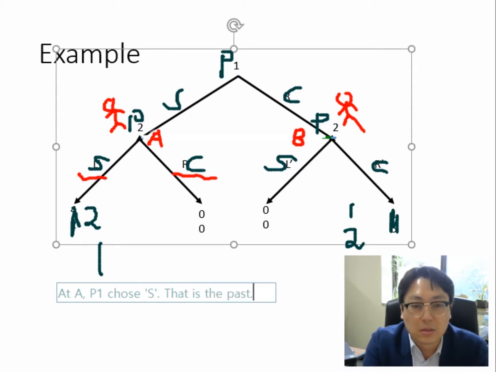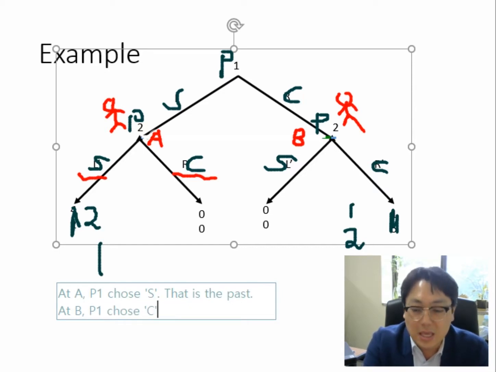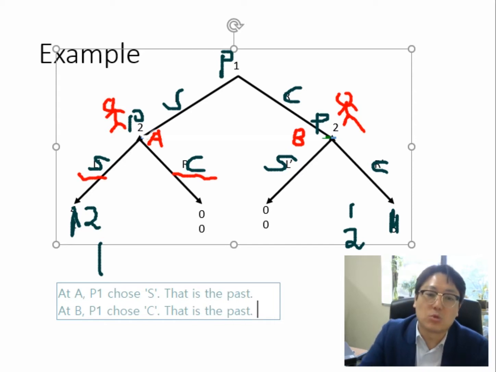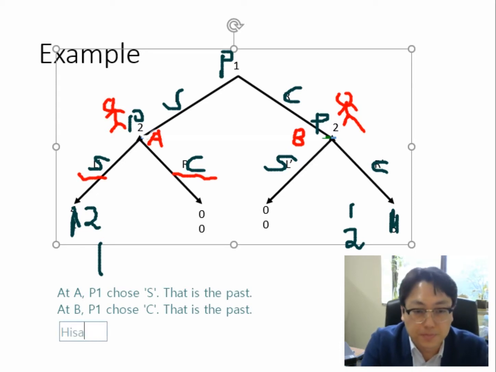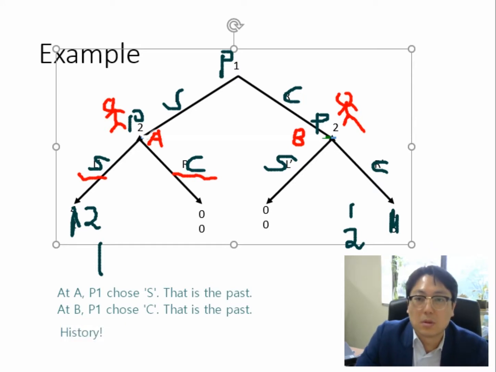But at B, player 1 chose C. Past are different between those two nodes, right? If I call what's happened in the past a history, then between these two nodes, the histories are different, right?